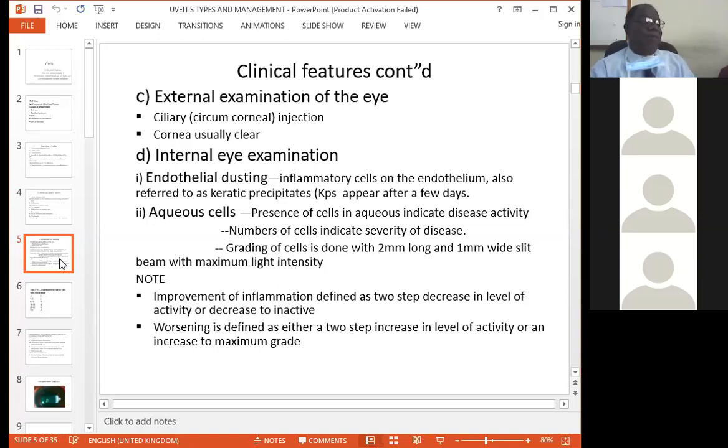And normally the inflammation will be on the scleral part, because on the cornea there are no blood vessels. You see it at the corneoscleral junction, more on the scleral part.